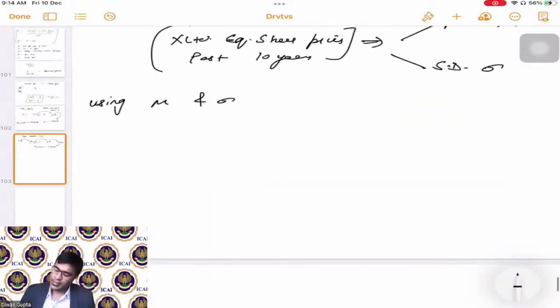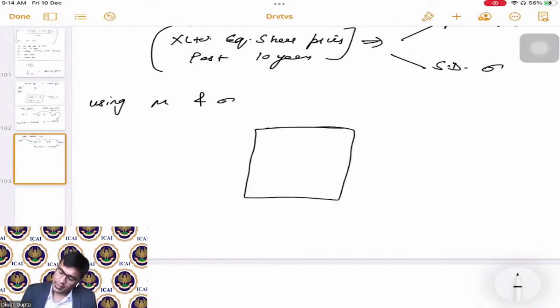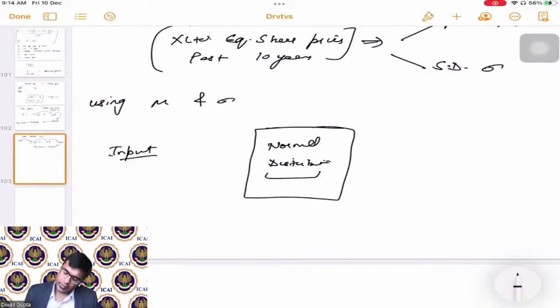So see, now this is the normal distribution. Assume that this is a normal distribution. It is a model. It is just a model. In this, the input goes in, and the output will be a probability.